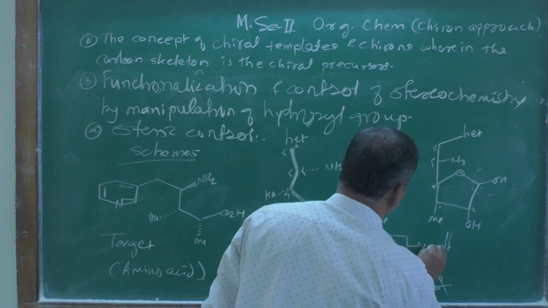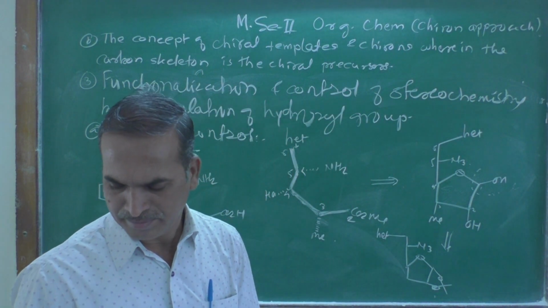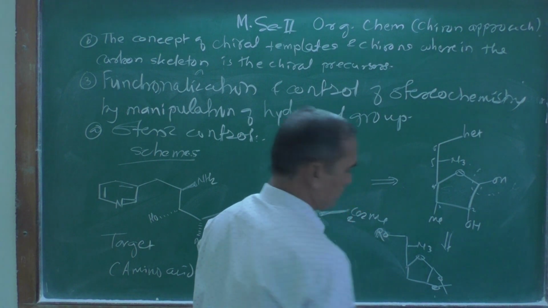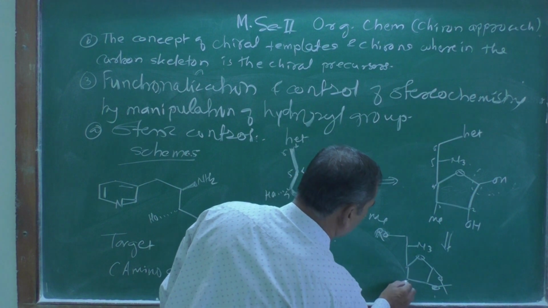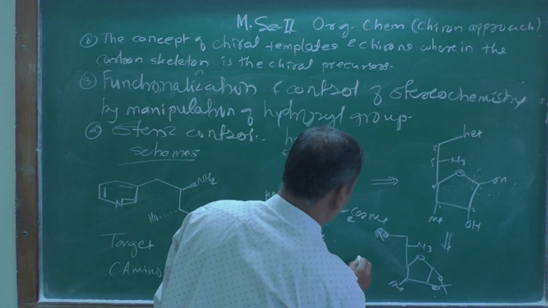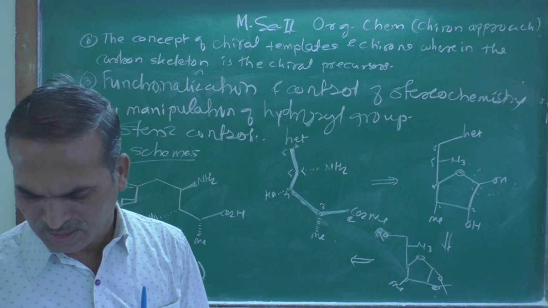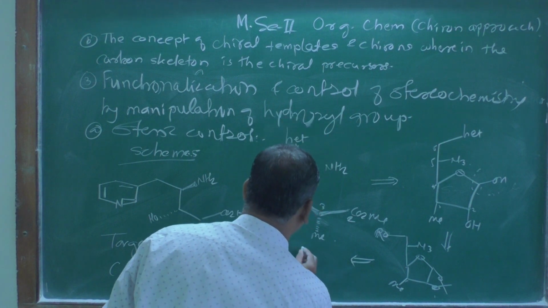There is an N3 still there, and here is a heterocyclic ring, not heterocyclic. Here you can bring RO, and here is a methyl group as it is, this methyl, and this can be obtained from this one, this can be obtained from this one.